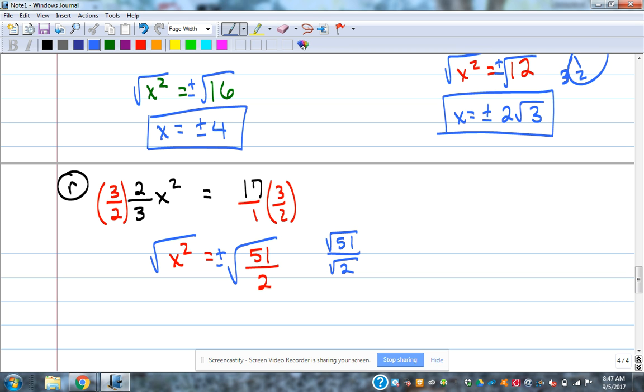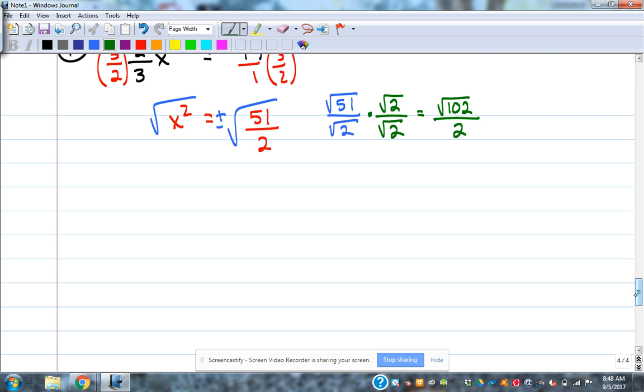We know the square root of 2 is not going to simplify. But we don't want to leave a square root in the denominator, so what do we do? Multiply by, not just 2, but the square root of 2 over the square root of 2. And that's going to give us the square root of 102 over 2. So x equals plus or minus the square root of 102 over 2.